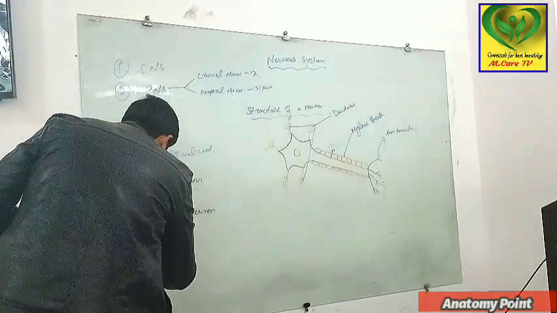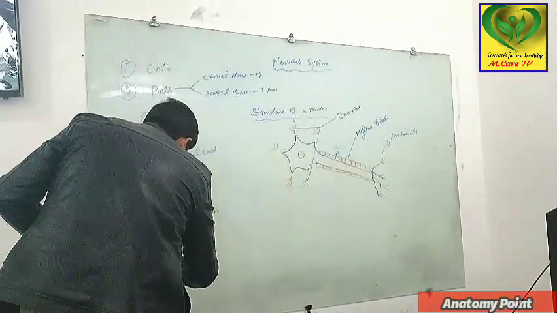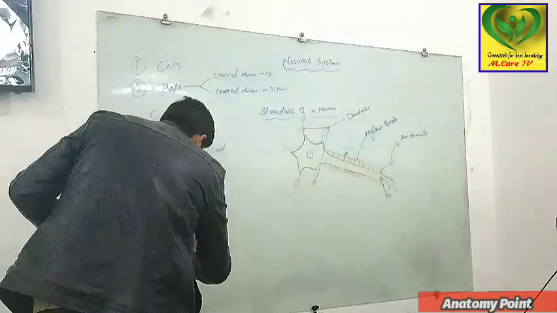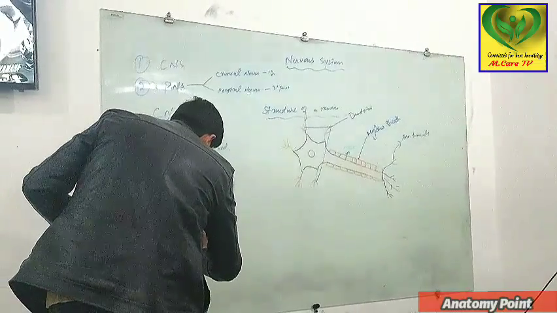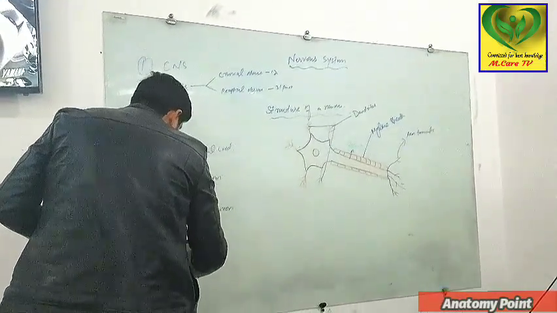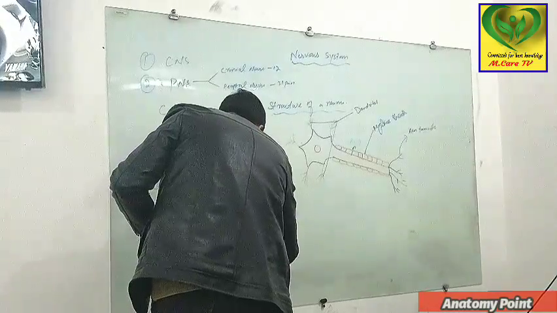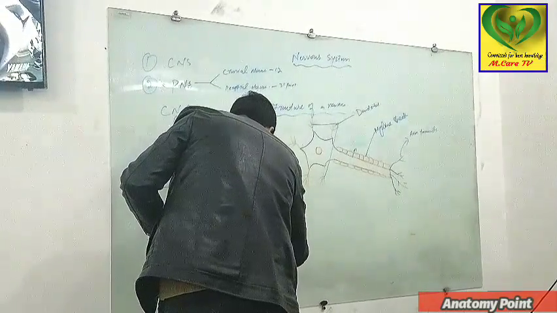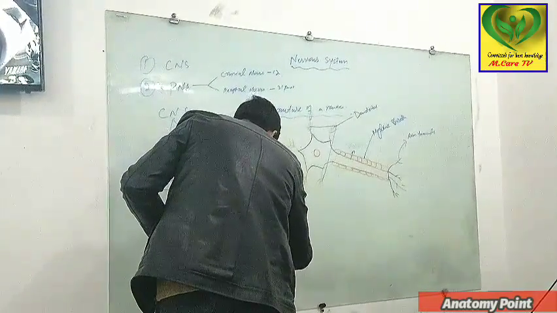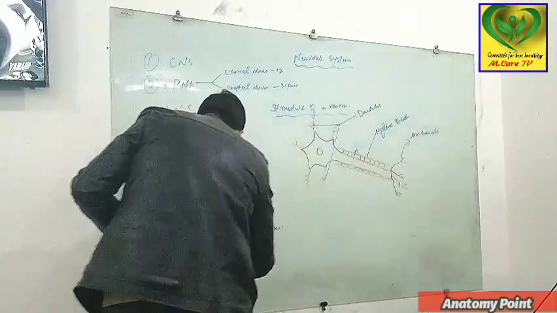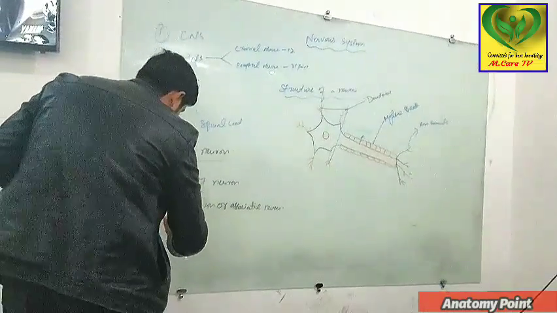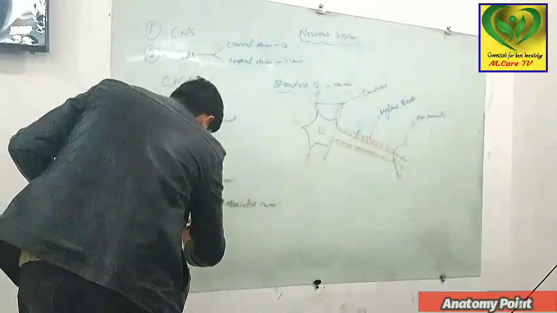The second one is called the interneuron, or associative neuron. And the third one is called the motor neuron.